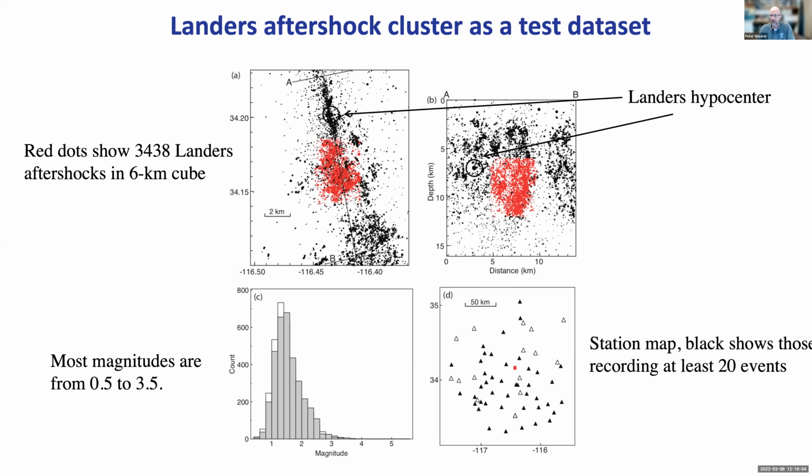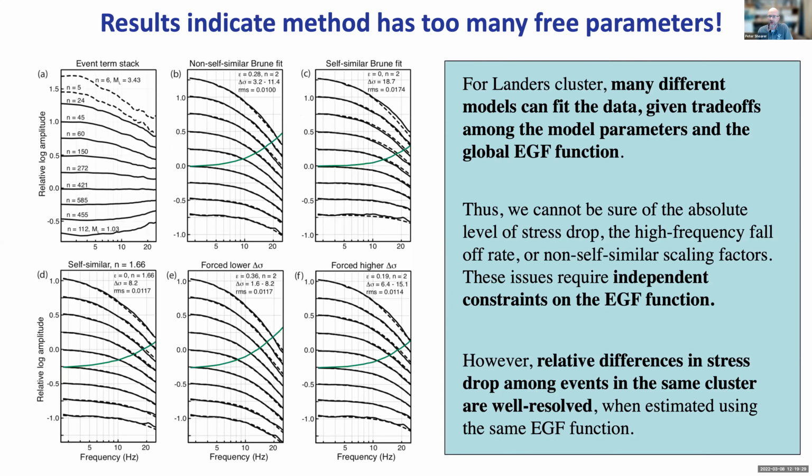So we examined a small region where there were a lot of earthquakes. This is a cluster of aftershocks of Landers in this cube of 6 kilometers side. You can see these are all small events, about magnitude 1 to 3. And then we did spectral decomposition and played around with the fits.